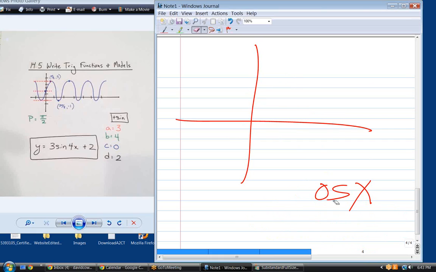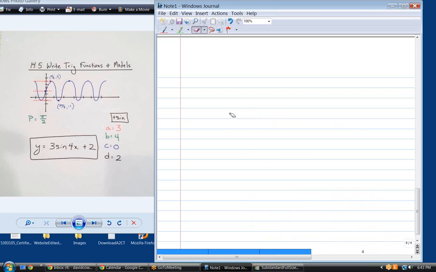So the net of that is that given either a curve like this, a graph, or a real-life problem like a Ferris wheel problem. Have you had any real-life problems that they've given you? Like Ferris wheel problems, tides, breathing, anything that is periodic in action.